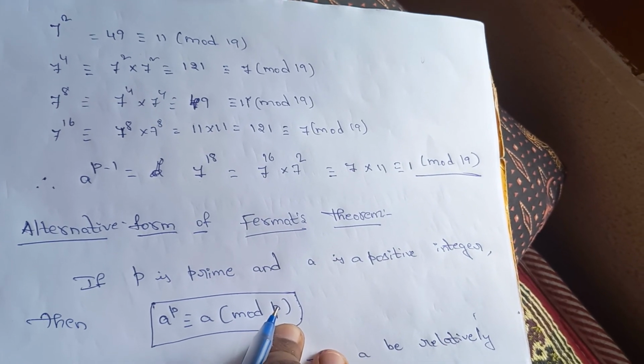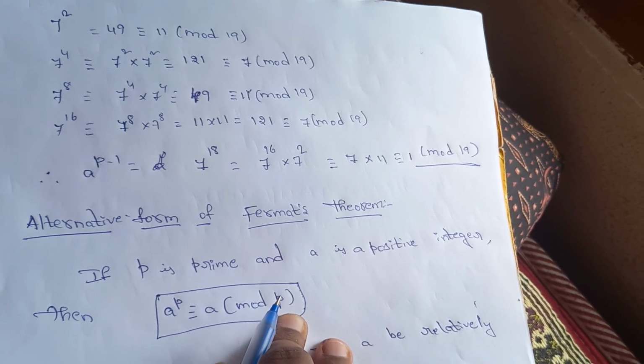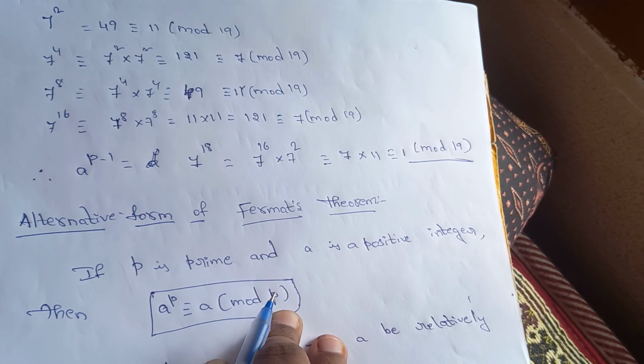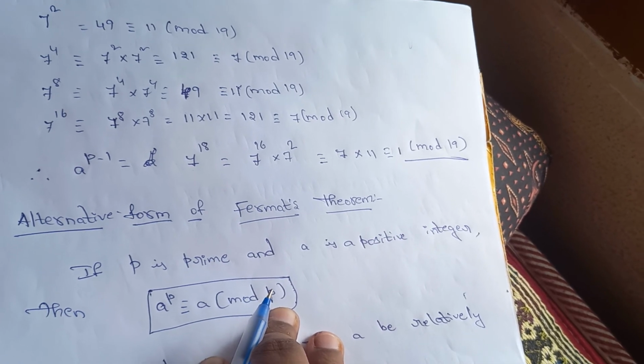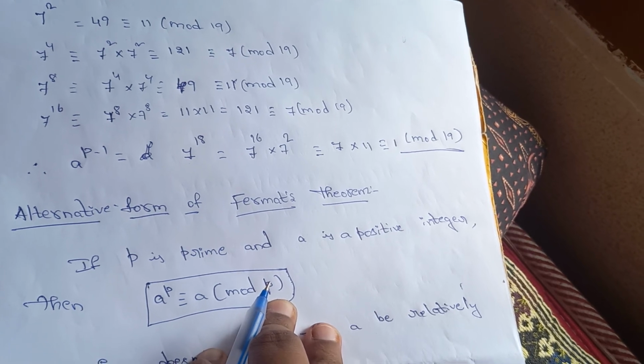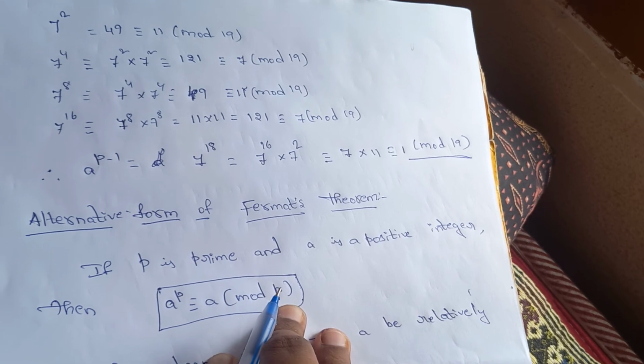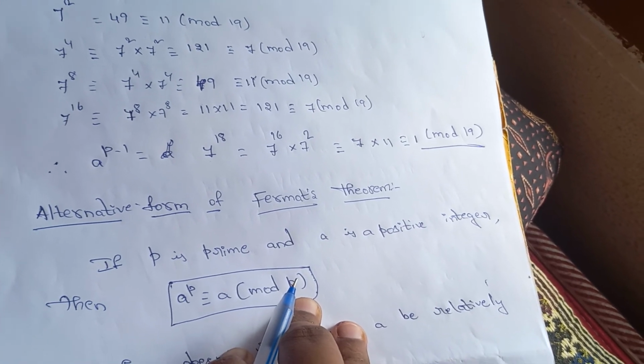Now we multiply 11 into 11, 121, which is equal to 7 mod 19. If you perform 121 mod 19, you get the value 7.